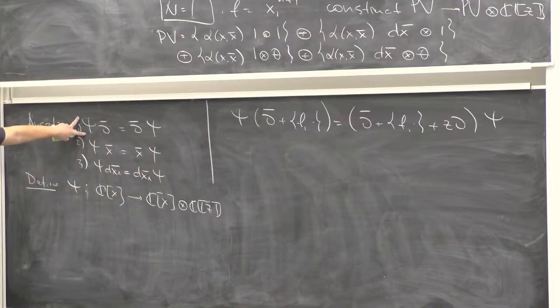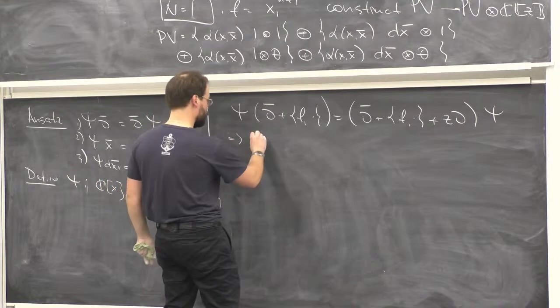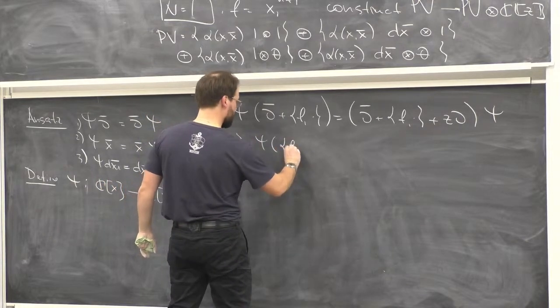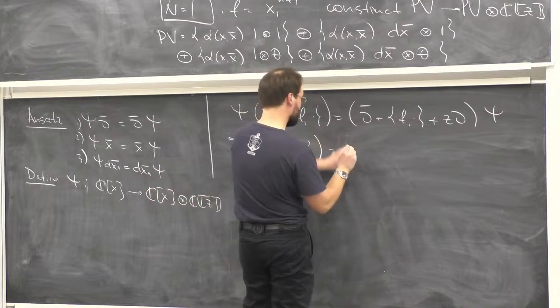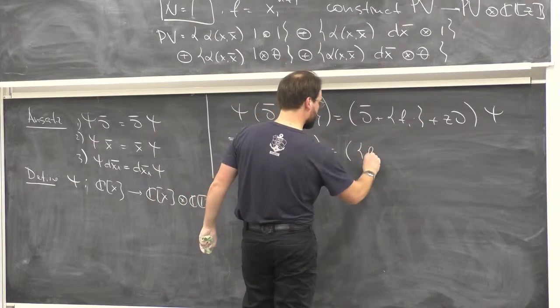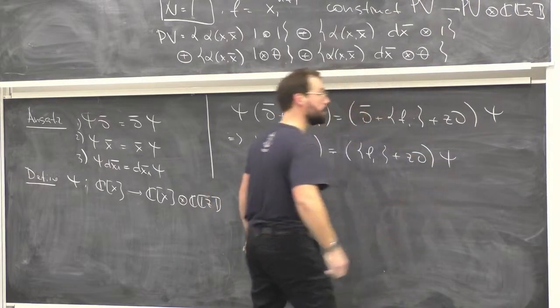So this equality reduces my problem to psi bracket f is equal to bracket f plus zd psi.